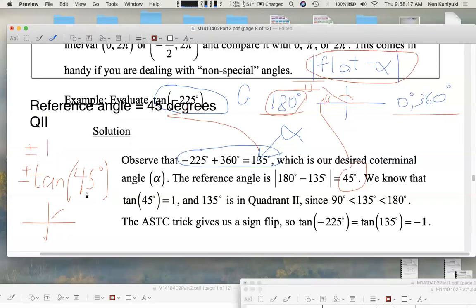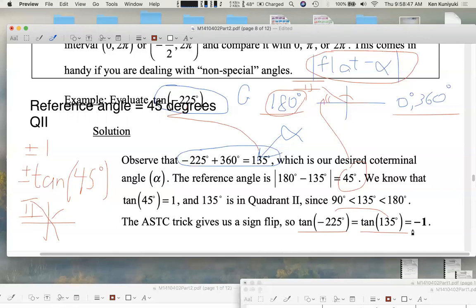But which one is it? Well, we're in quadrant 2, remember? In quadrant 2, slope is negative. Also, all students take calculus: in quadrant 2, sine and cosecant are positive. The other ones, like tangent, are negative. So the tangent of negative 225 degrees is going to be the same as the tangent of 135 degrees because these two angles are coterminal.